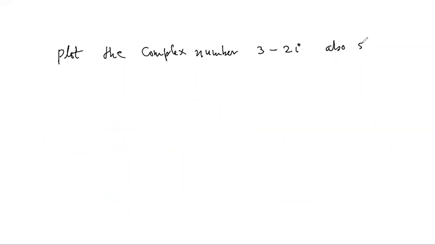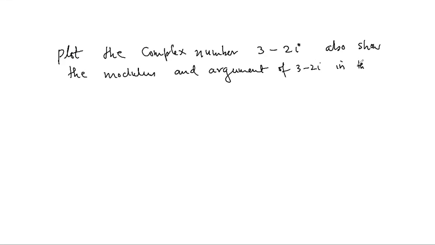Also show the modulus and argument of 3 minus 2i in the Argand diagram. Okay, can you do this yourself? Yes, sir. First, you draw the x and y axis.